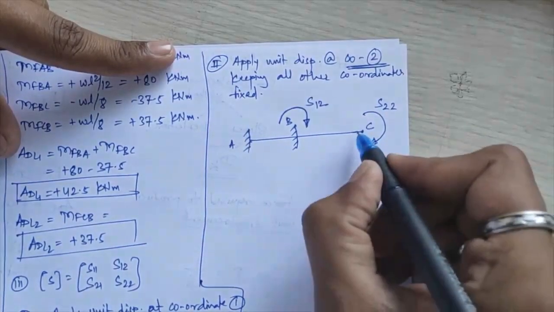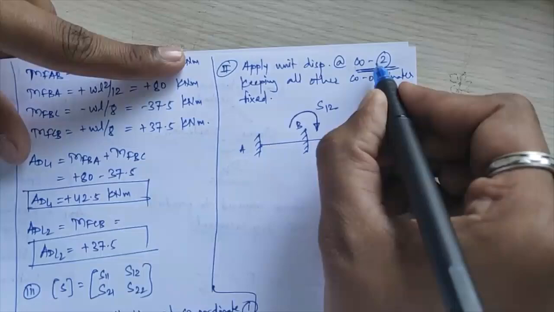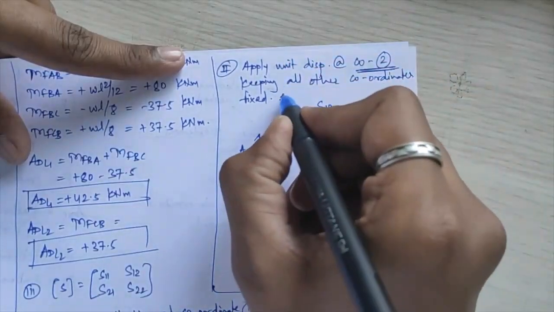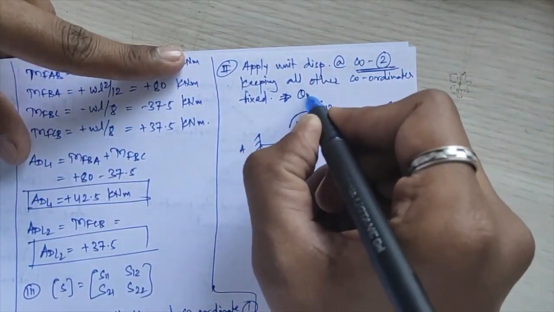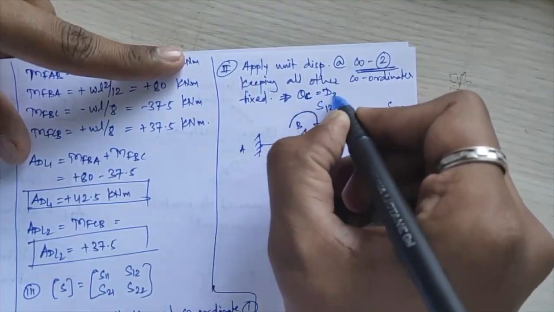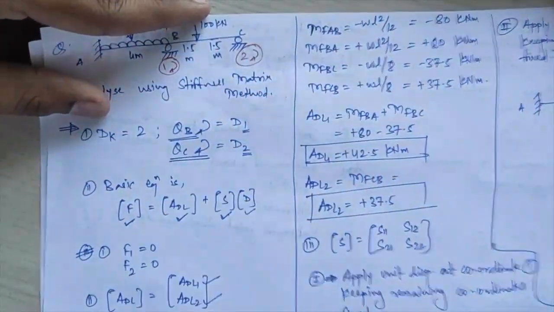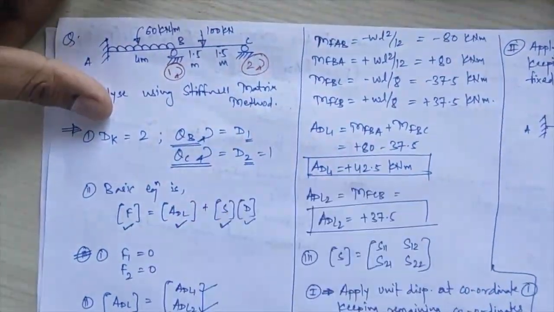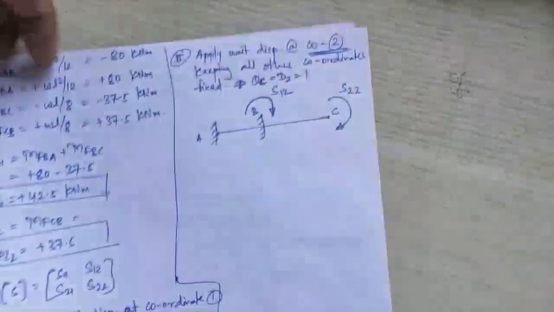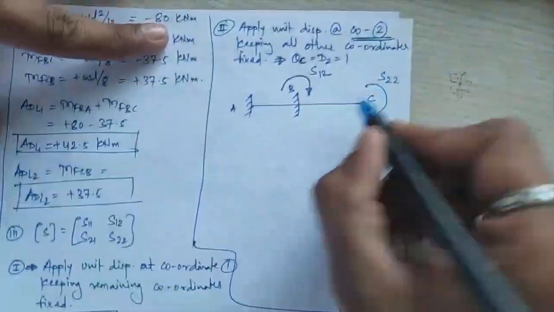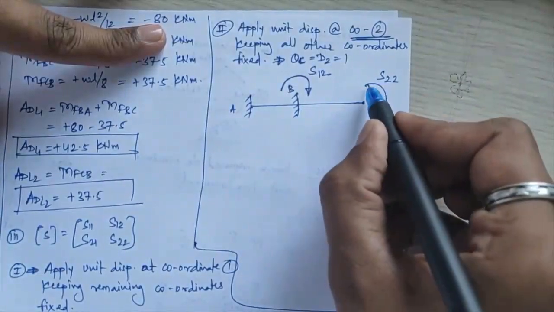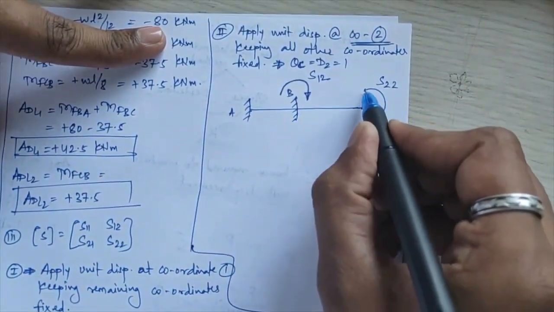Now here you have to apply unit displacement at coordinate 2. That means you have to apply theta C, or D2, equal to 1 now. That is your second coordinate, theta C. If I see this deflection pattern, this is a clockwise moment, originating from the upward side.